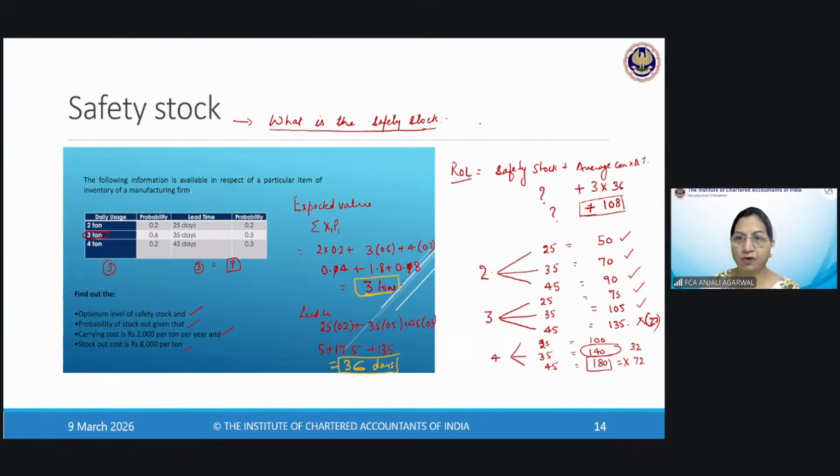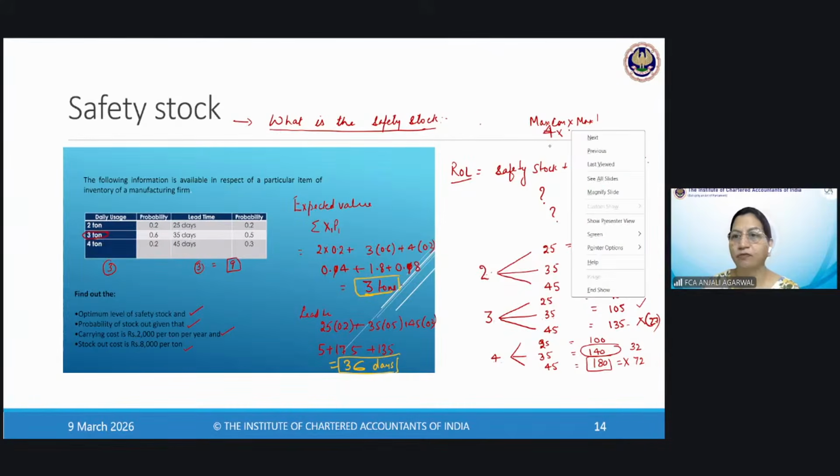Now look at the other alternate formula, maximum consumption into maximum time. So maximum consumption is 4 tons and maximum time is 45 days. So 45 into 4, 180.